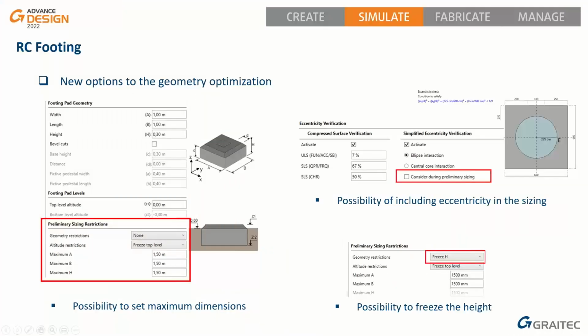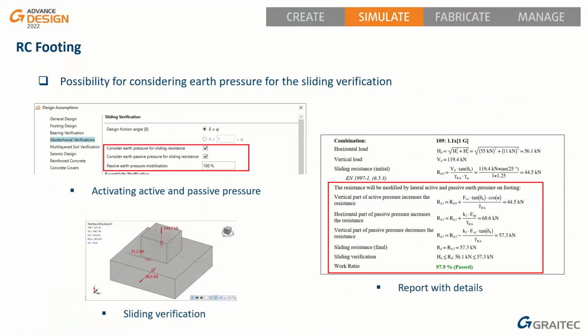Another improvement related to footings is the possibility of considering earth pressure for the sliding verification. When we activate the sliding verification, there are now two new checkboxes: to consider earth pressure for the sliding, and to consider passive pressure for sliding resistance, because there are two possible pressures.